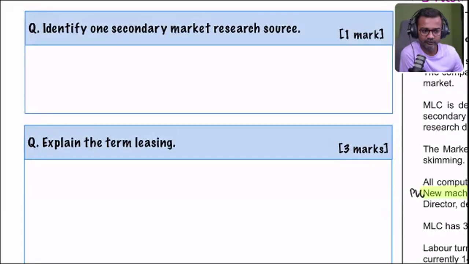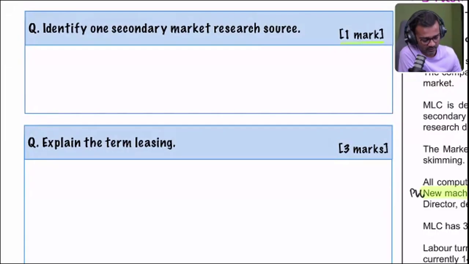Let me go through it one by one, but I don't think we will probably need it. So the way to answer any question, right? You look at A part one. The first thing that you do is you look at the marks that are associated with it. So this is 1 mark.